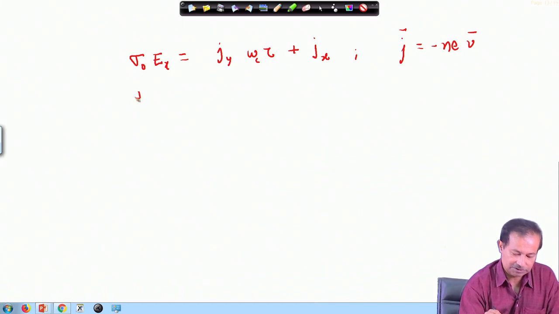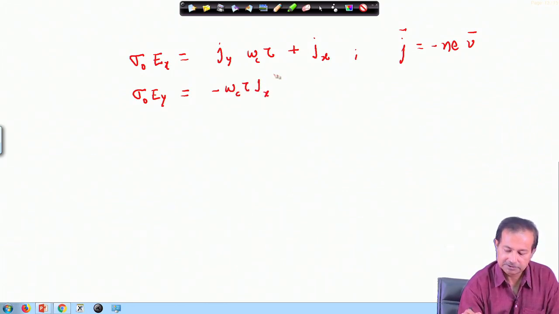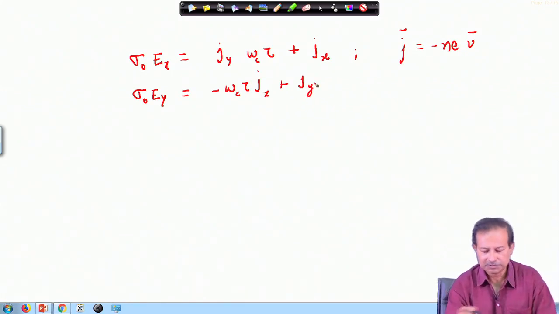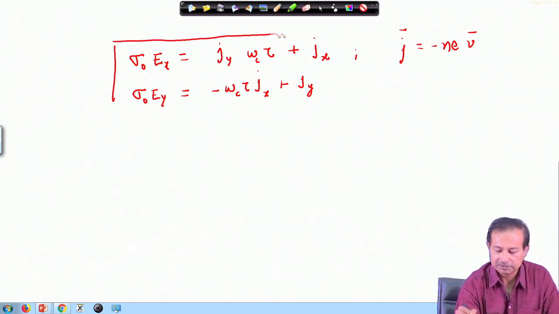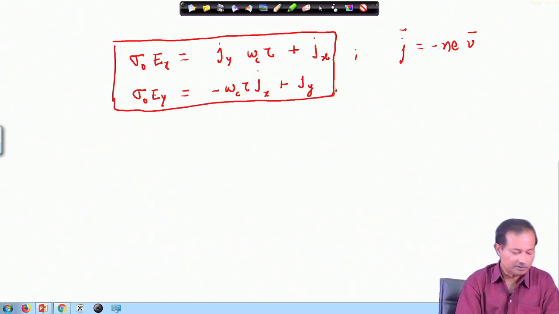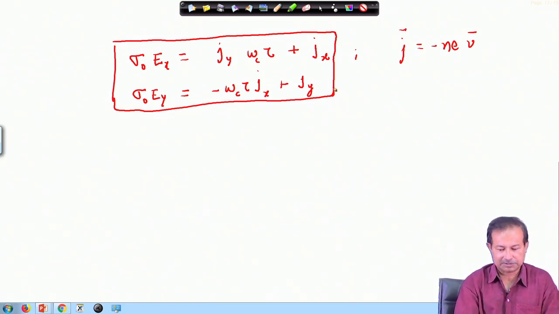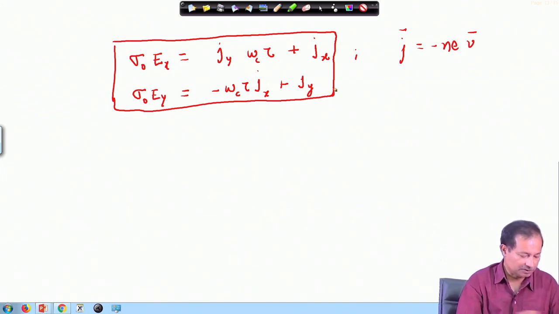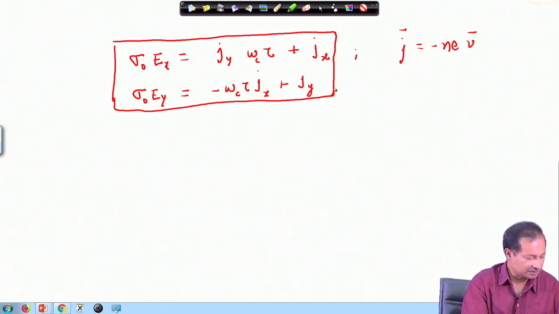So, the other one is sigma_0 E_y equal to minus omega_c tau j_x plus j_y. So, these are the two equations that I have. They need to be solved. Now, what I want is this Hall resistance, and for that I have to put the current in the y direction to be 0, because that is when the equilibrium has reached in the steady state.